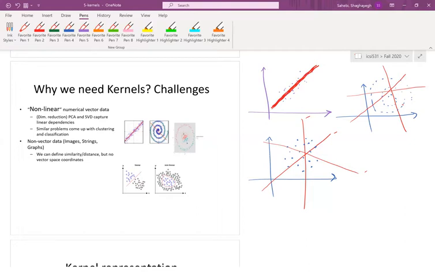So sometimes we have a nonlinear relationship or nonlinear pattern in our data that we cannot capture with the linear methods that we have learned so far, or we are going to learn later on. For example, suppose that we need a classifier to distinguish between positive and negative examples.